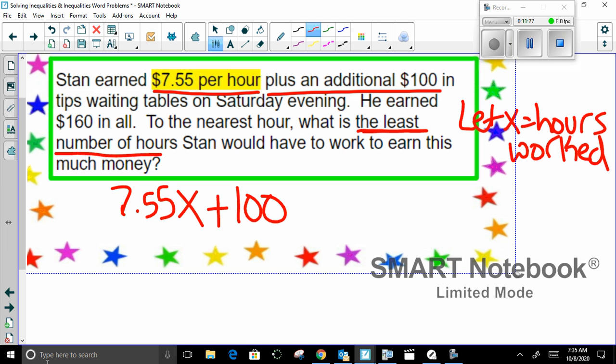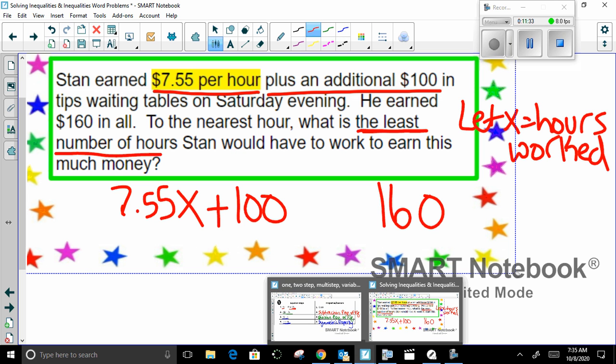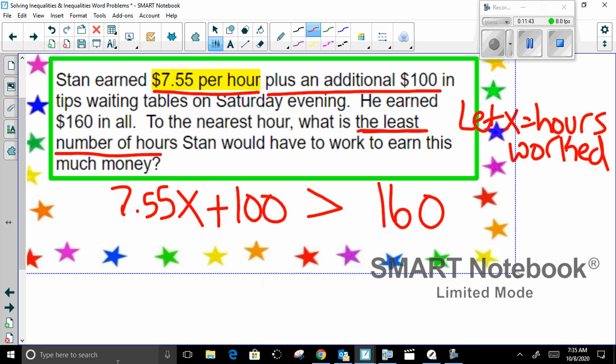He earned 160. So I know I got my sides here. Now I got to figure out what inequality goes in the middle. To the nearest hour, what is the least number of hours Stan would have to work? So the least would be your greater than sign. The least number of hours he would have to work would actually be greater than or equal to.